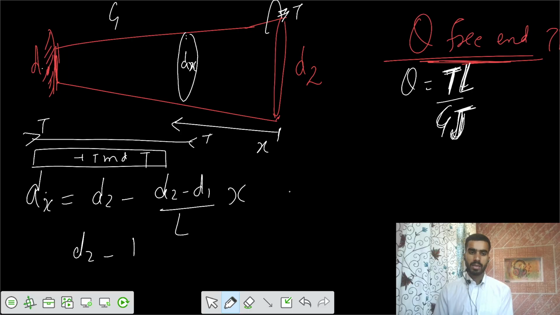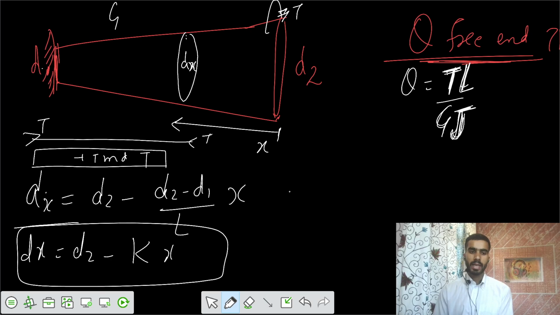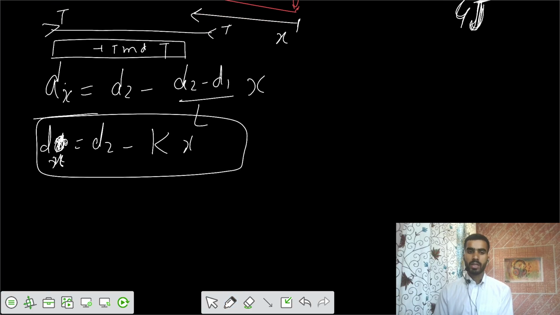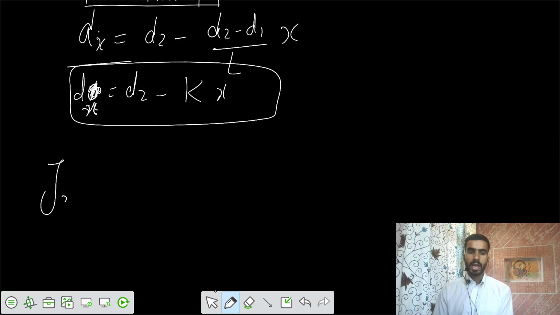So D2 minus kx. So I got the value of diameter at any location x, that's D2 minus kx, and the value of J at any x would be equal to pi by 32 and D at any x power 4.